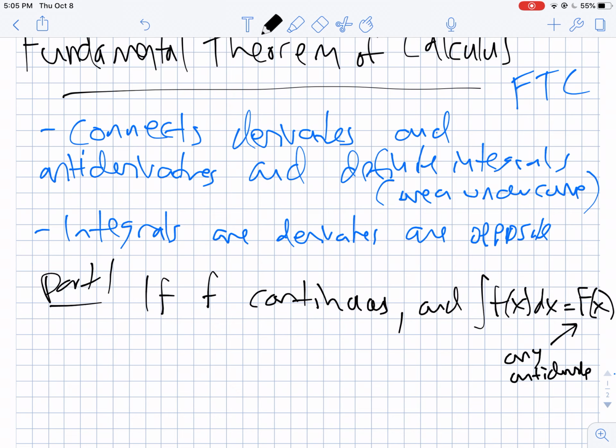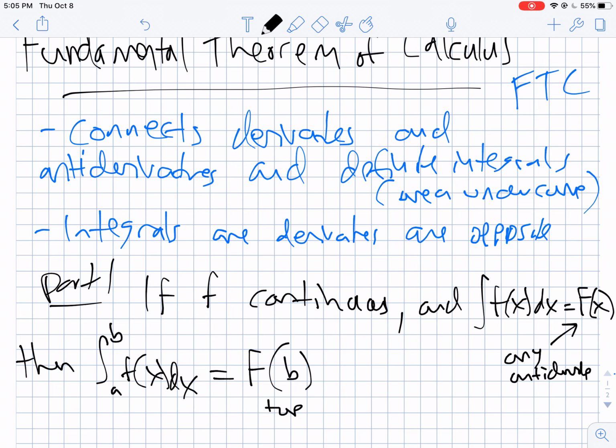You integrate little f, you get big F like normal. Then if you take the definite integral from a to b of f of x dx, this gives you the antiderivative evaluated at the top bound minus the antiderivative evaluated at the bottom bound.